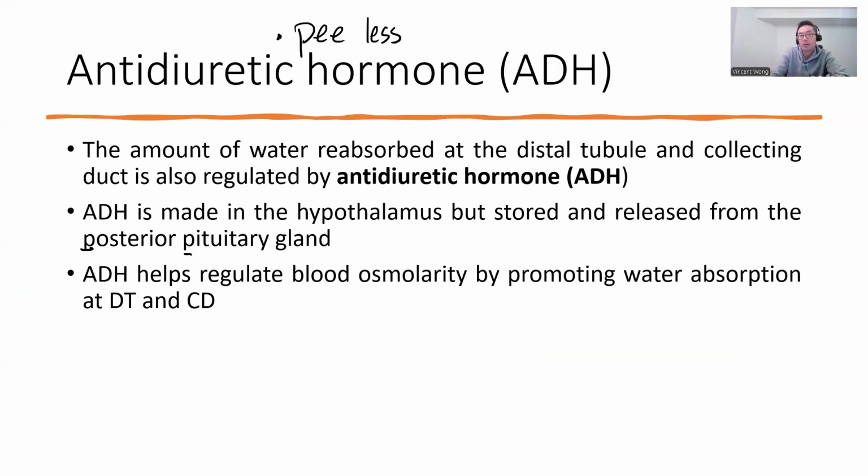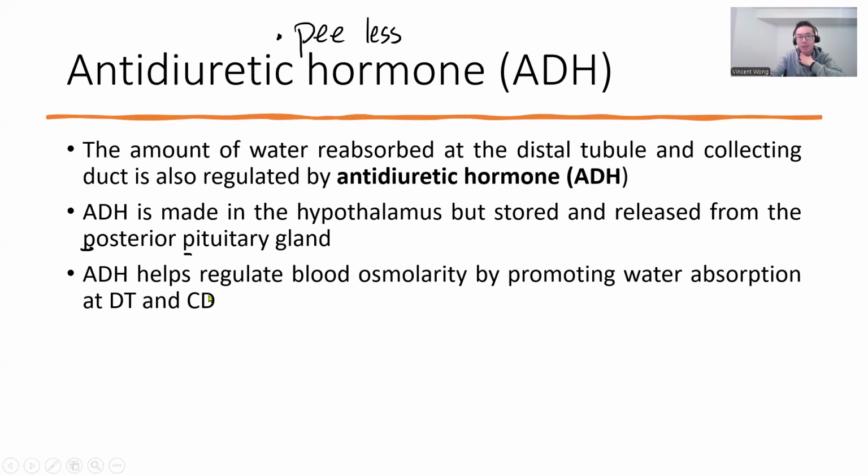Okay, so remember, Unit 2 test, the function of the hypothalamus and the pituitary gland is to work together to maintain homeostasis through hormonal regulation. One of the hormones is anti-diuretic hormone, ADH. So what does it do? ADH helps regulate blood osmolarity by promoting water reabsorption.